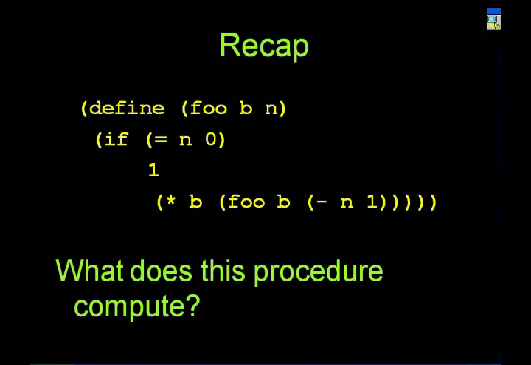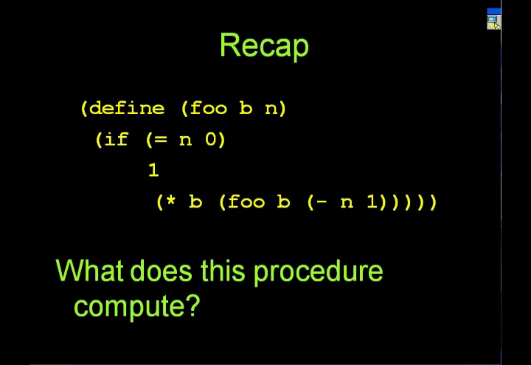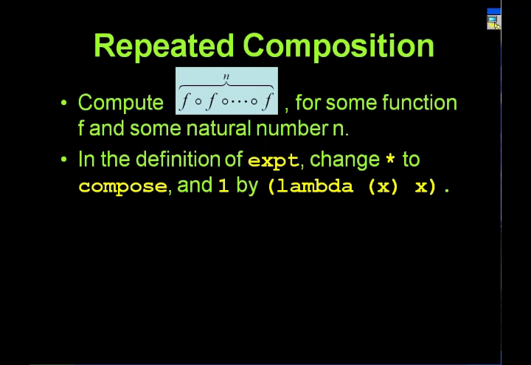All right, so another foo. What is this procedure computing? Anybody? This does what? Factorial? Sure or not? B to the power n, right? Now, the problem is that every single procedure you see looks like this form, a kind of recursive procedure. So this is actually e to the power n.